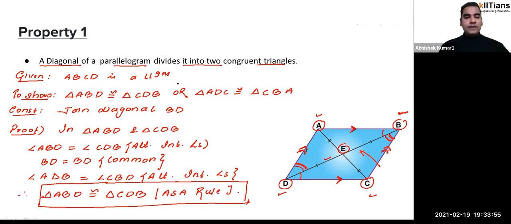Please go through it and ask me if you have any doubt in this theorem. Please go through it.